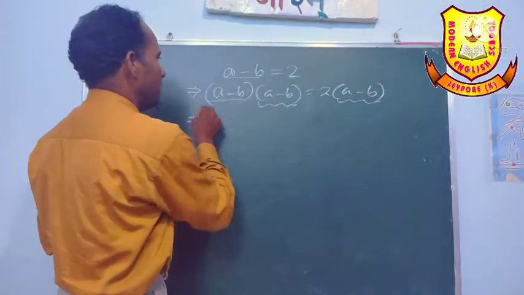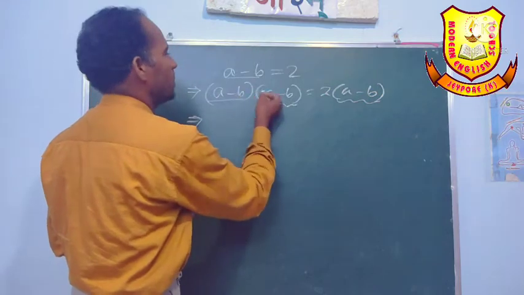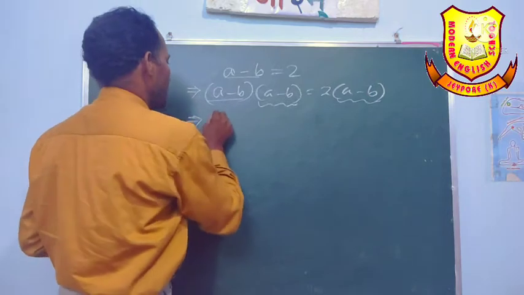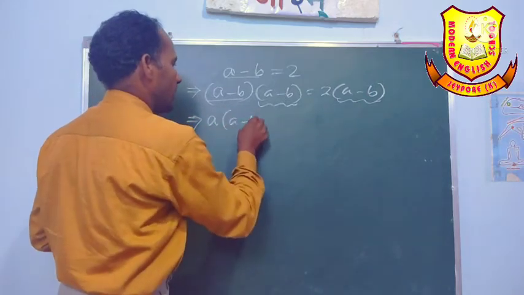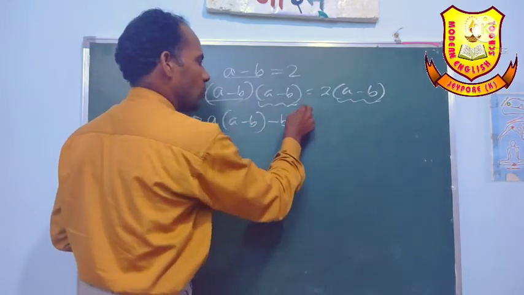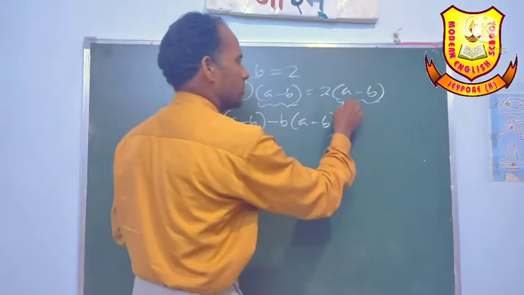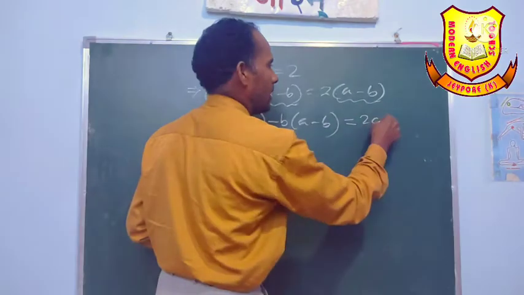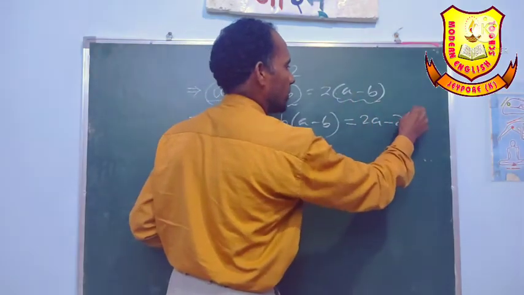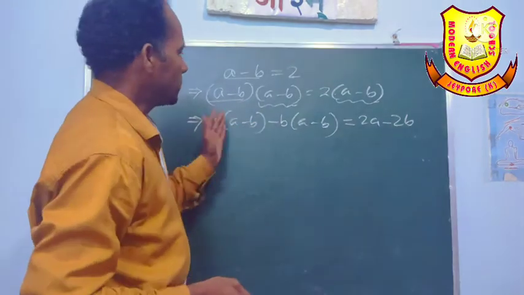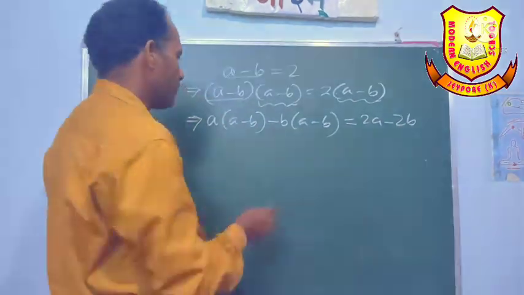This implies that (a minus b) into (a minus b): according to the multiplication rule we multiply a into (a minus b) minus b into (a minus b), and that is equal to 2 into a minus 2 into b. There is no problem because we have just multiplied.